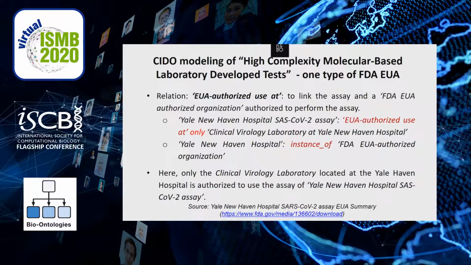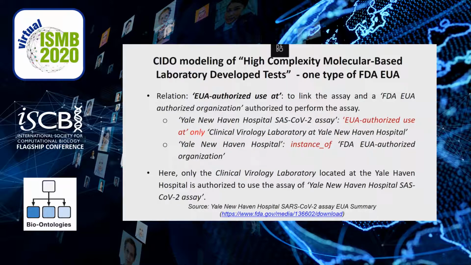An example of such is a diagnostic test developed by Yale New Haven Hospital Lab, which is being authorized via EUA to be only used in the high complexity molecular-based labs in Yale New Haven Hospital.